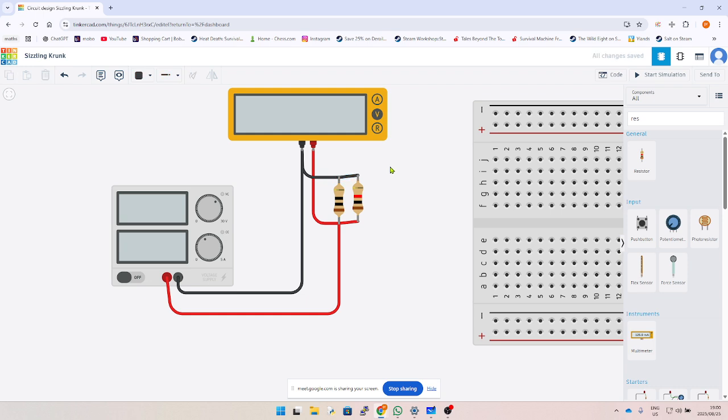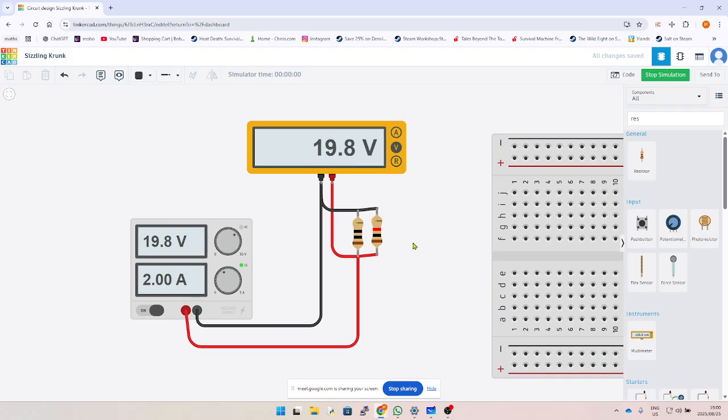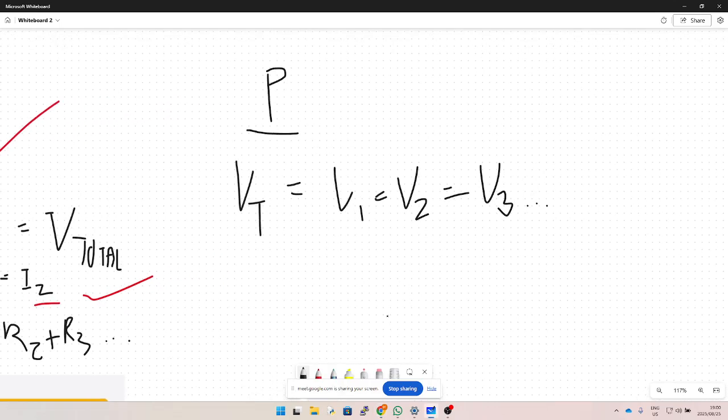Obviously, there's a small voltage drop due to being two resistors and a high resistance, but we're still getting the same value, even though this is a parallel circuit. Meaning, no matter where I put my voltmeter, I will still get the same voltage.